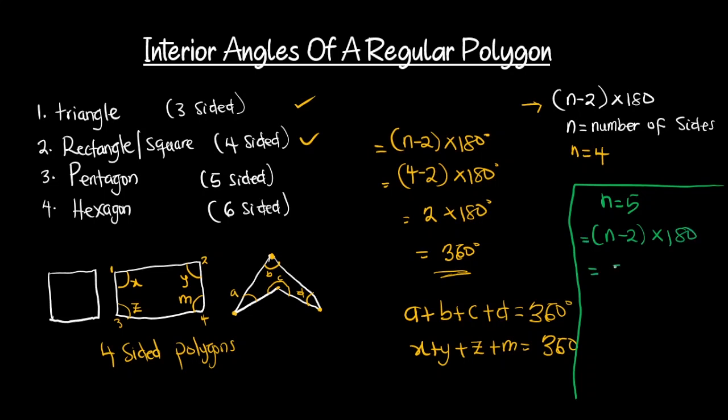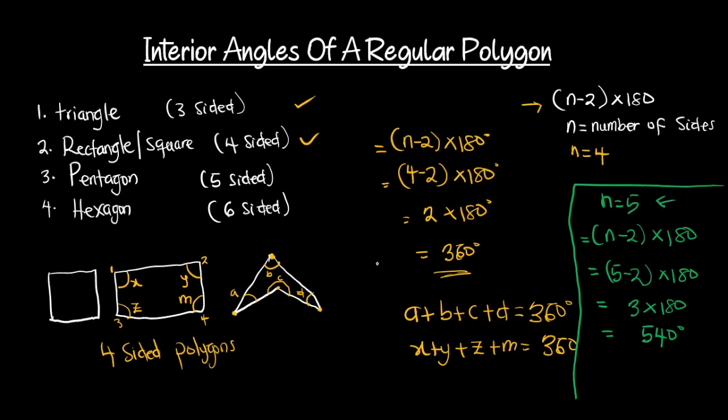And this is equal to 5 minus 2 multiplied by 180. This will give me 5 minus 2 is 3 multiplied by 180. And then 3 multiplied by 180 will give me 540 degrees. Okay, so this is the sum of the interior angles for a 5-sided polygon.